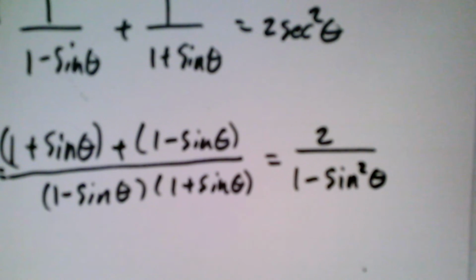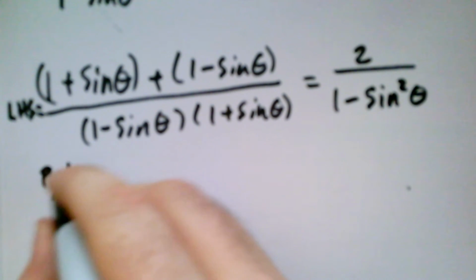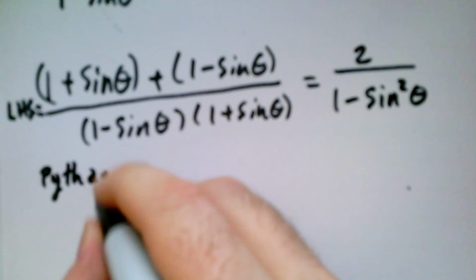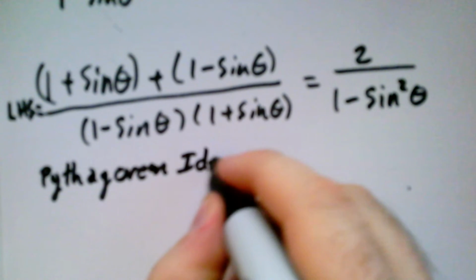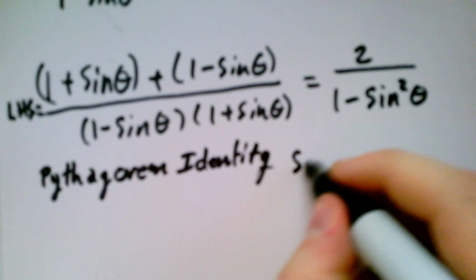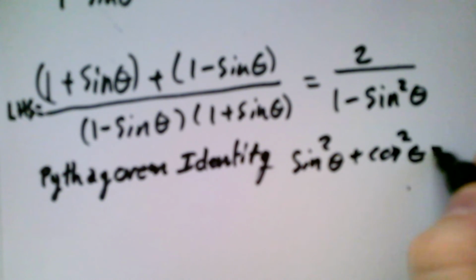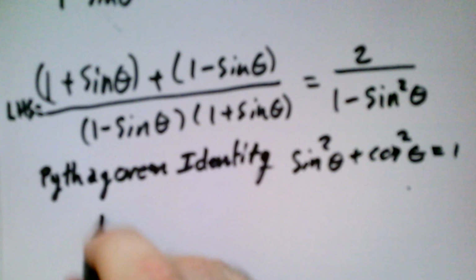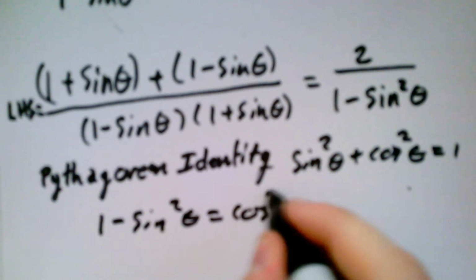But then, the Pythagorean identity, which I'll write out for you here, that's the identity that says that sine squared theta plus cosine squared theta is 1. That means that 1 minus sine squared theta is equal to cosine squared theta.